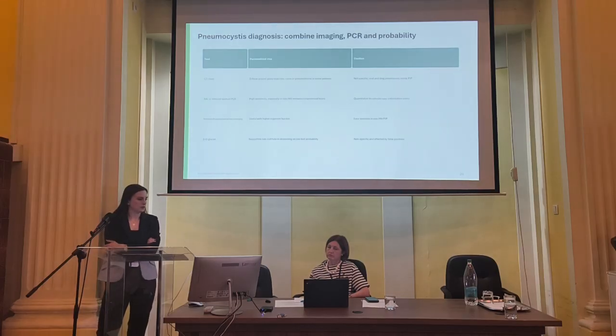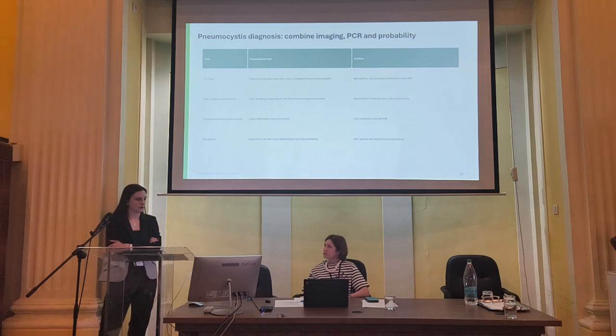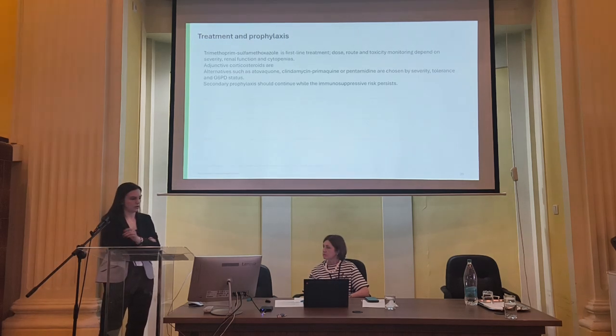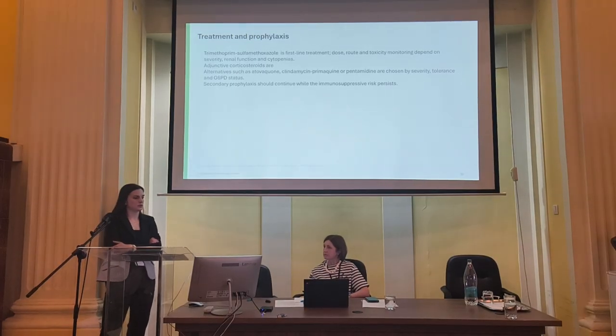We need to perform a chest CT, take the BAL or sputum for PCR. BDG can also be used. Treatment is mostly trimethoprim-sulfamethoxazole, and if it's possible, clindamycin and primaquine.